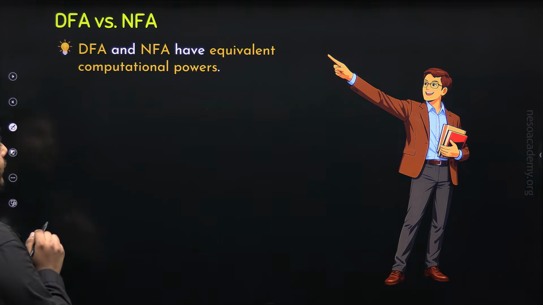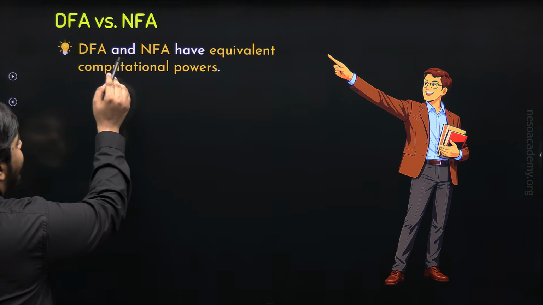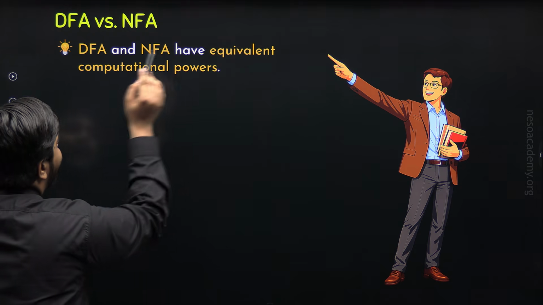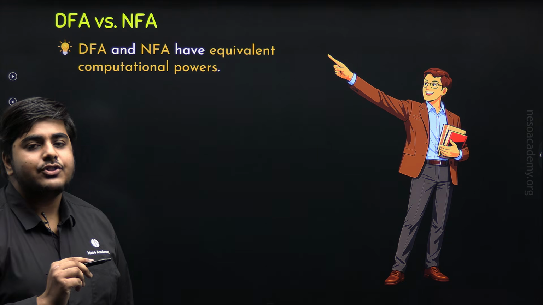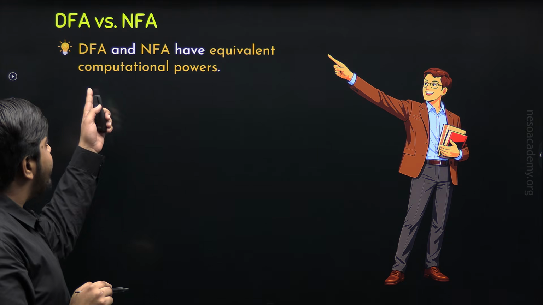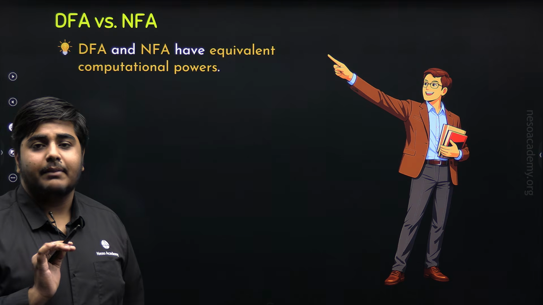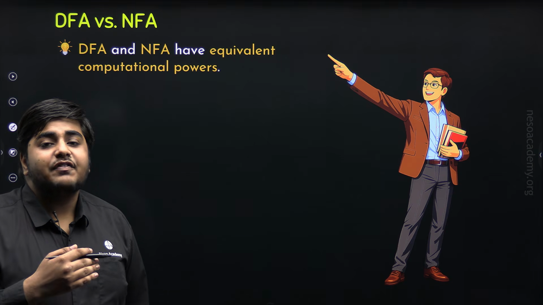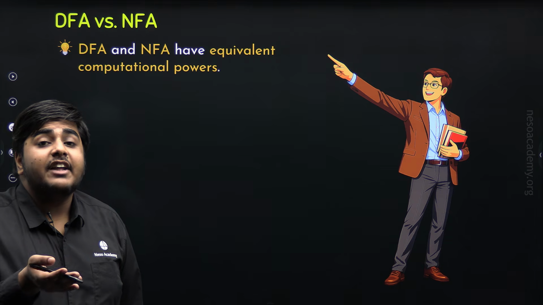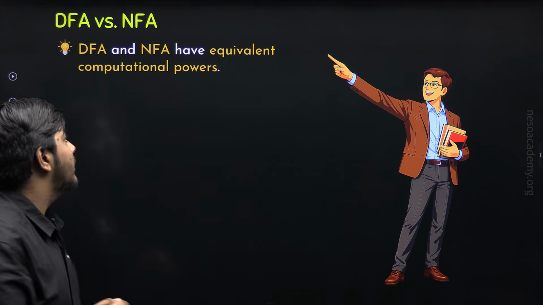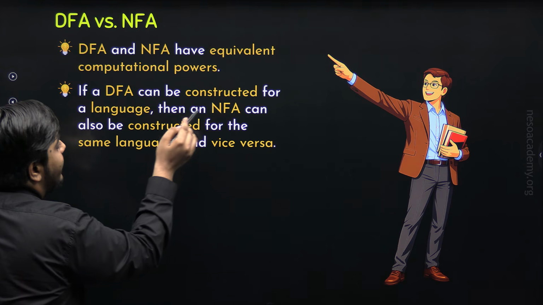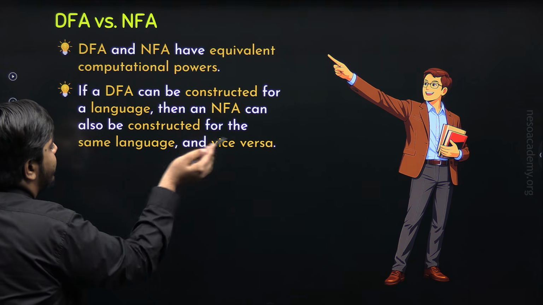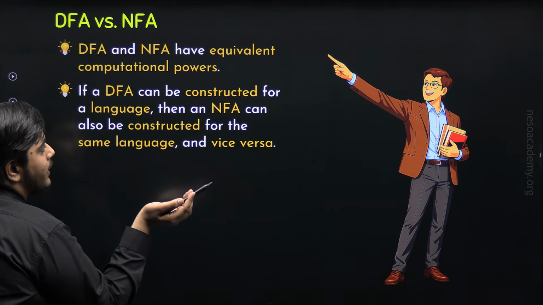The first important point is DFA and NFA have equivalent computational powers, which means the computational powers of both DFA and NFA are the same. It is not like DFA is superior to NFA or NFA is superior to DFA. If a DFA can be constructed for a language, then an NFA can also be constructed for the same language, and vice versa.